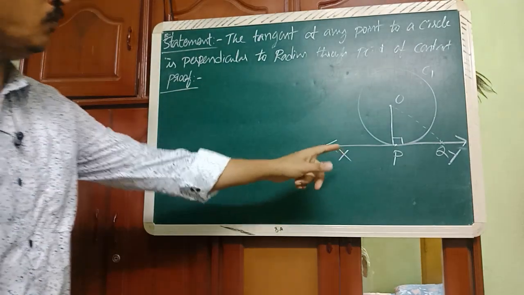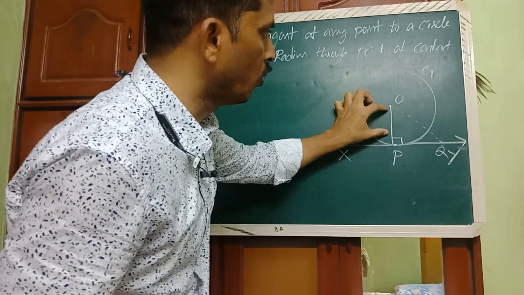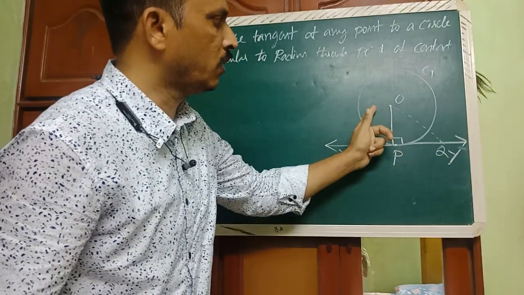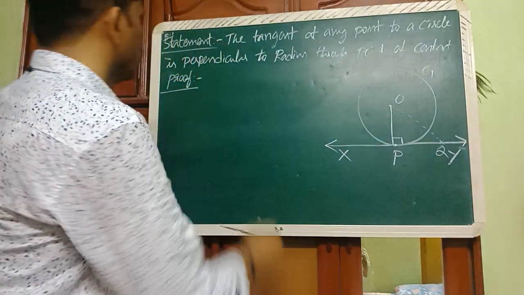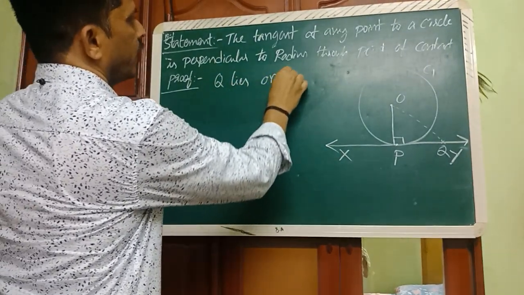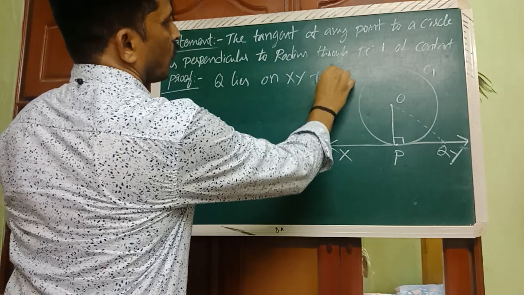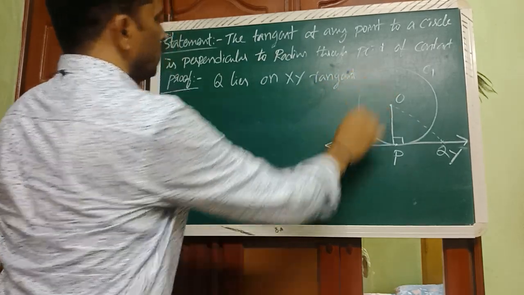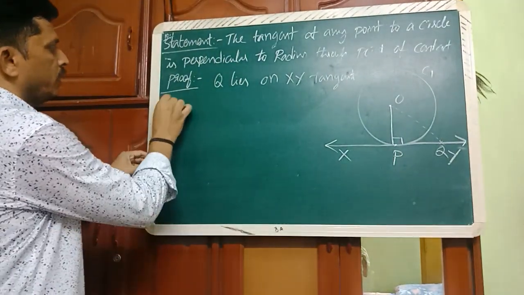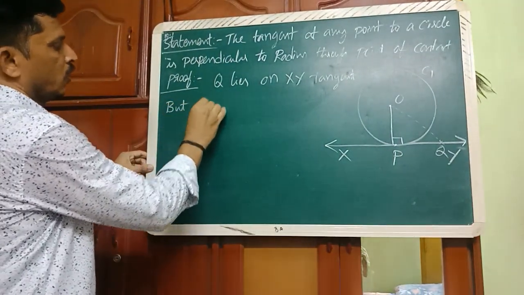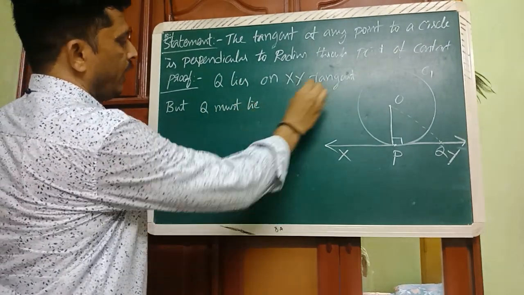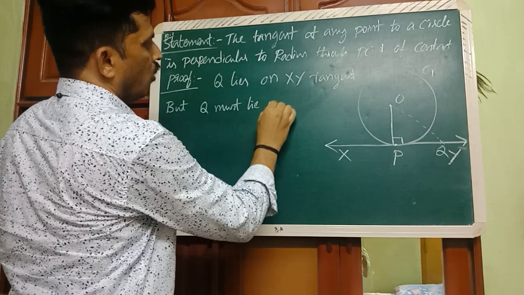If you observe here, how do we show OP is the shortest distance to XY? I take another point Q. So Q lies on the tangent XY, but Q must lie outside the circle.